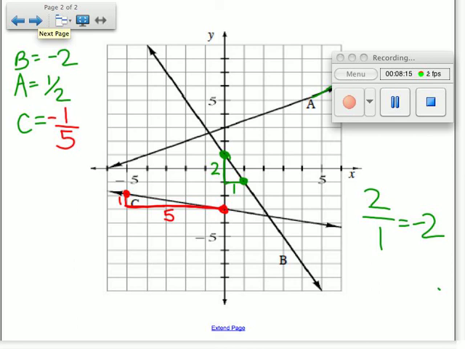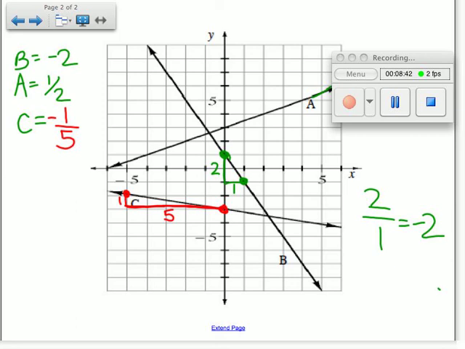So let's talk about the slopes of these lines. One of them is a very steep line, and the other 2 aren't as steep. The higher the number or the value, the steeper the line.